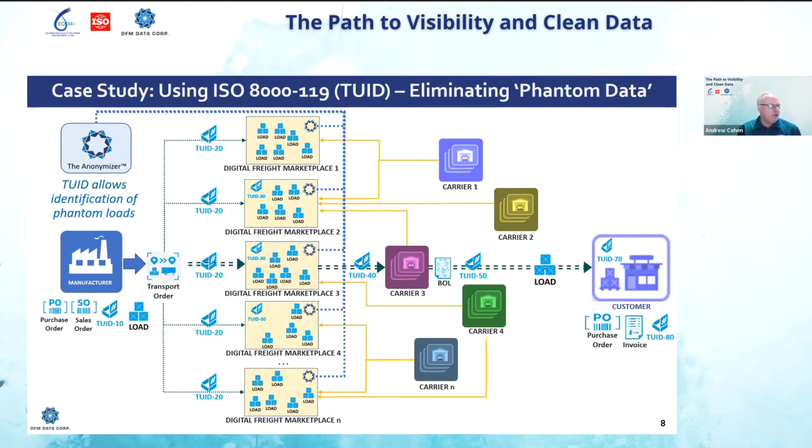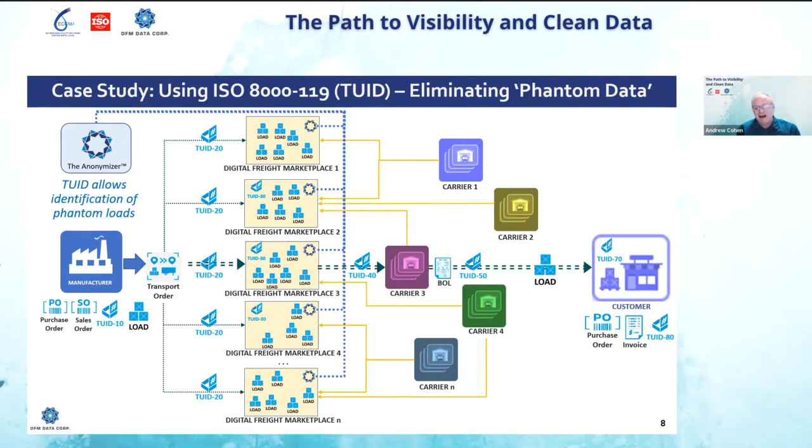Next slide, please. So in this slide, what you see is a very similar slide, except you see the transport orders with the TUID and our anonymizer, which essentially takes the identification of that load from the manufacturer, from the point at which it is shipped.